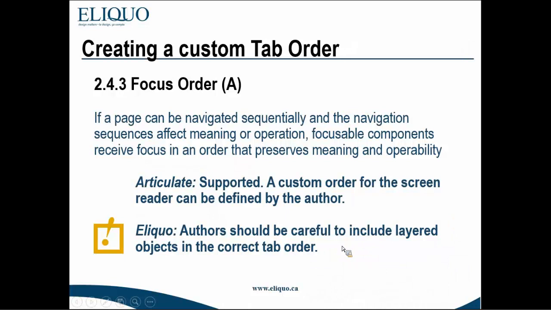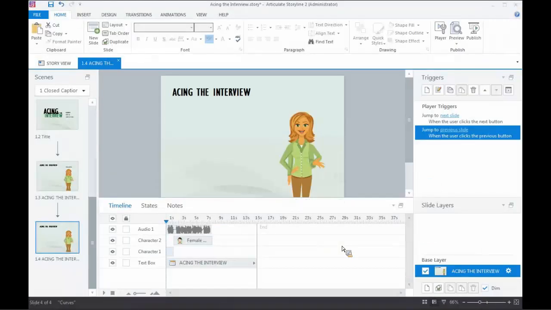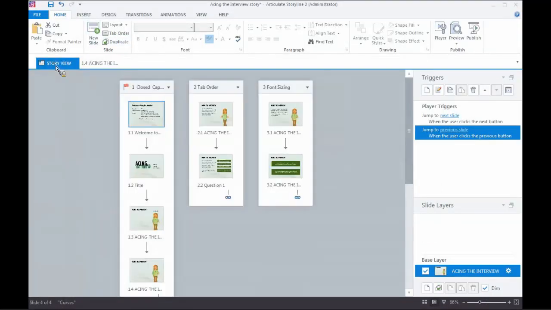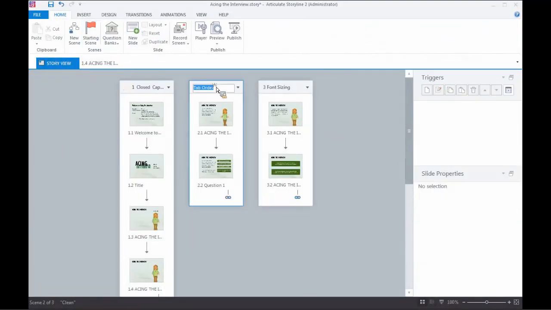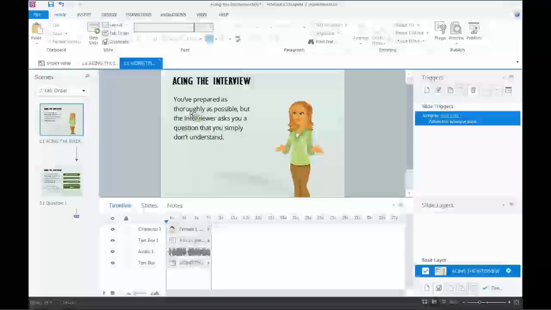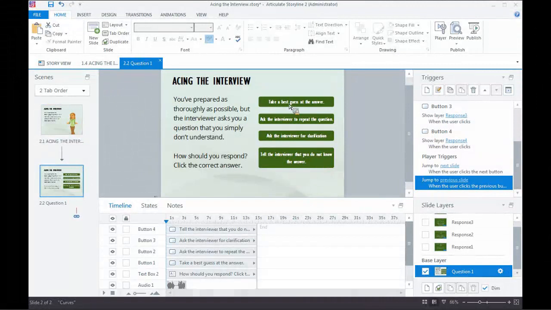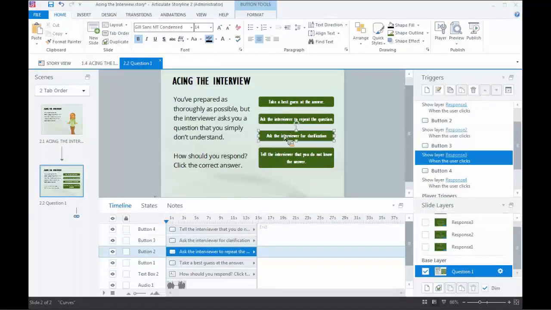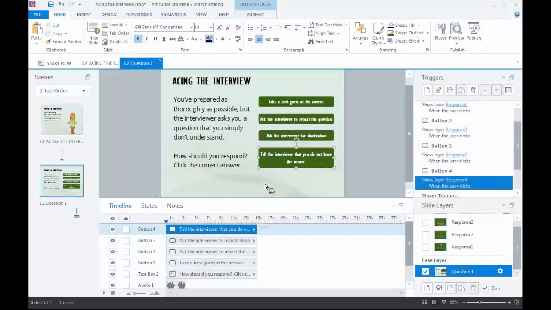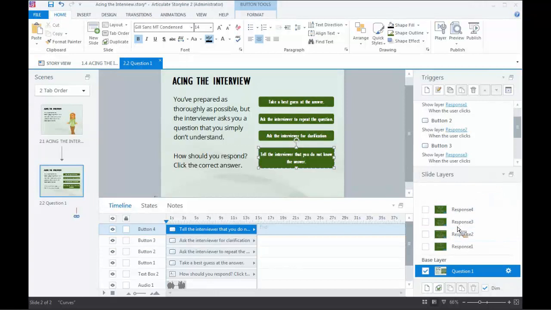So one of the things you've got to watch when you're working with the focus order is layers. Now, layers can be included in your focus order. I'm going to go back to my story view here and open the tab order. I'm going to pop over to this particular slide, and I've got some buttons here for adding a little bit of interactivity, and those buttons open some slides for me.